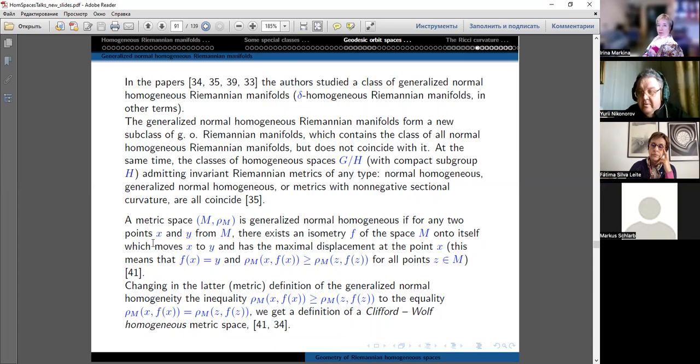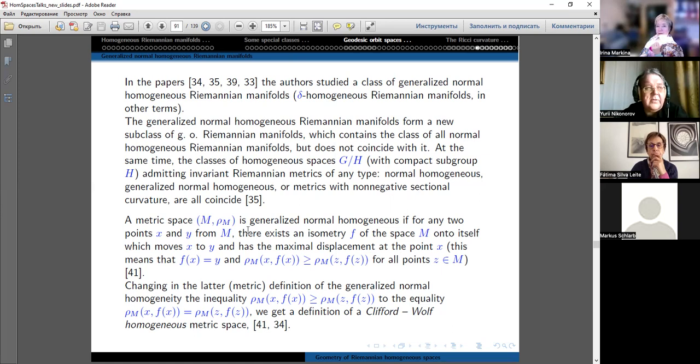It's easy to check. If we rotate the sphere around some axis, then the maximum displacement we have exactly on the equator. And therefore, for any points x and y, we can find such an isometry. Therefore, the two-dimensional sphere is generalized normal homogeneous by definition.